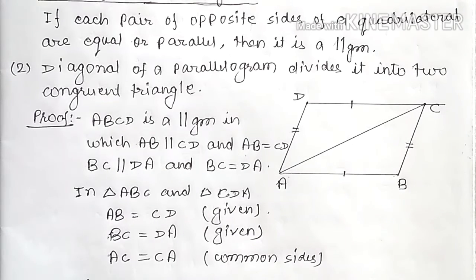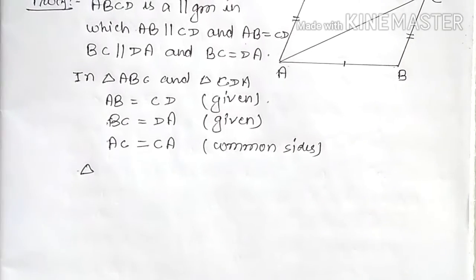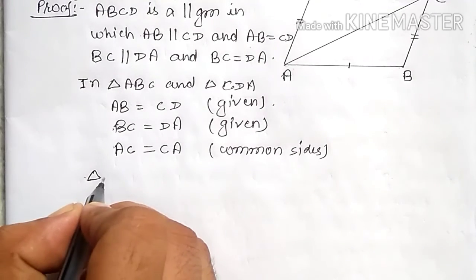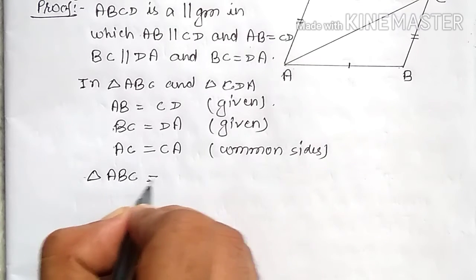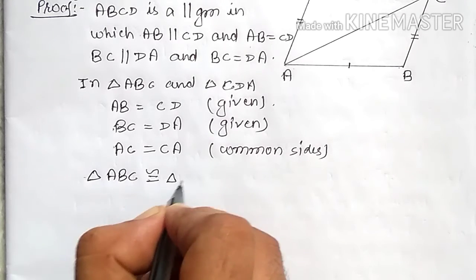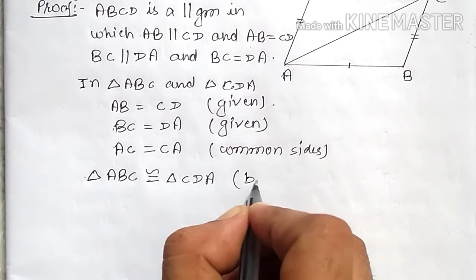So we can say that triangle ABC is congruent to triangle CDA by SSS congruency rule.